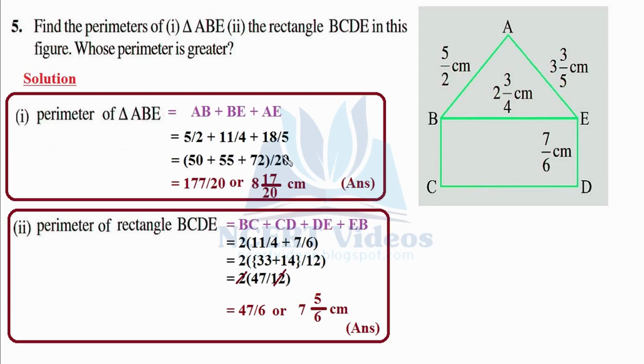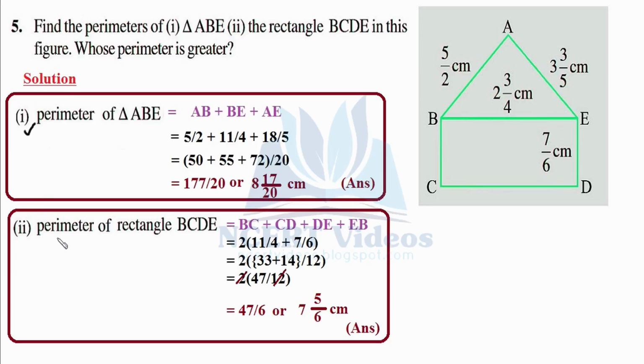Now here 5 4s are 20 and 18 4s are 72. So this is written in short. You can also write it in elaborated way. Now adding this all, that is 5 plus 2 is 7 and 5 is 15 plus 2 is 17, 177 over 20, and then 2 8s is 160, and then 17 remainder, therefore 8 and 17 over 20.